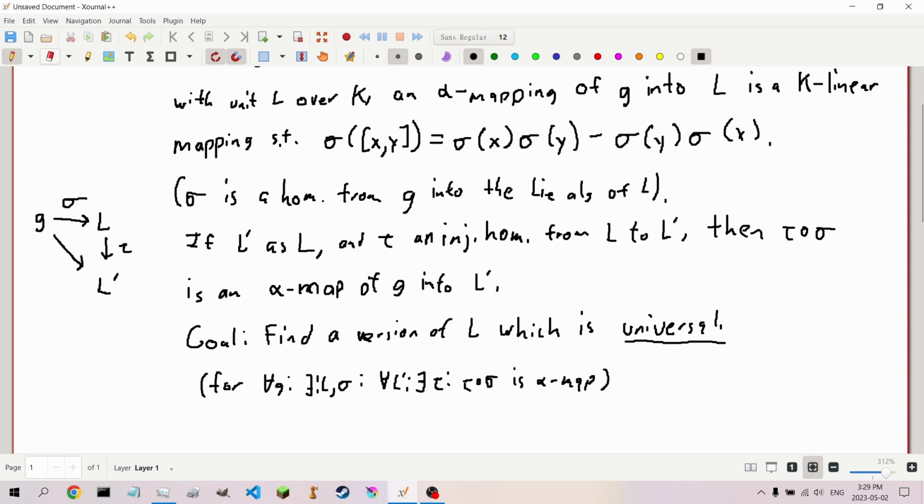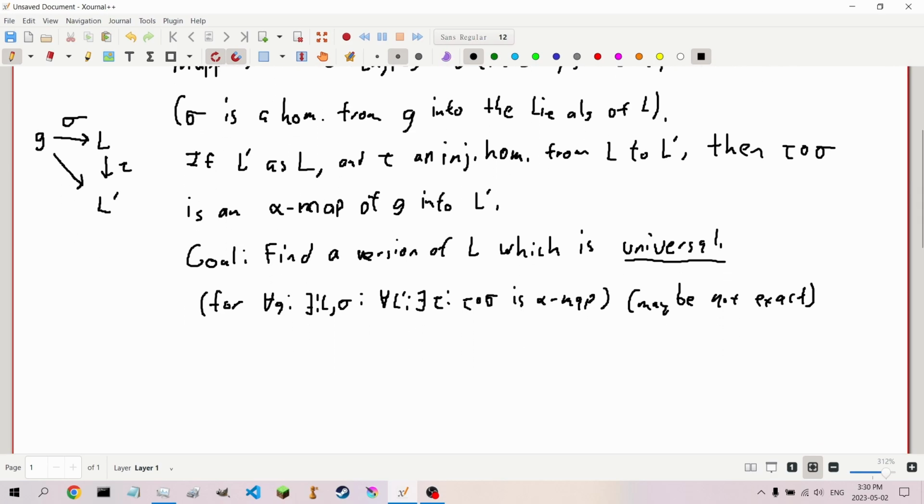Maybe not exact, but the essential idea is we can find an L and a sigma which goes into any other L prime and potentially its mapping. I don't know about that. Okay.